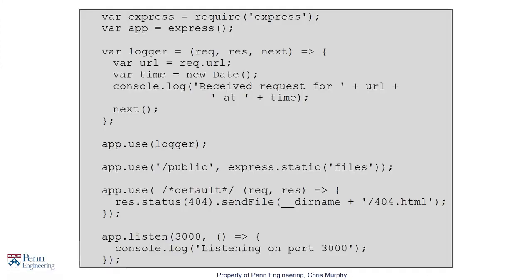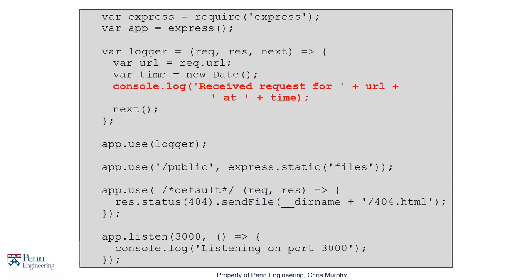Now let's see how we would create a middleware function that would be in the chain of our requests. We'll create a function called logger that takes the request, the response, and the next function to invoke. From the request, we can get the URL that was requested, and we can create a new date object that just specifies the current date and time.